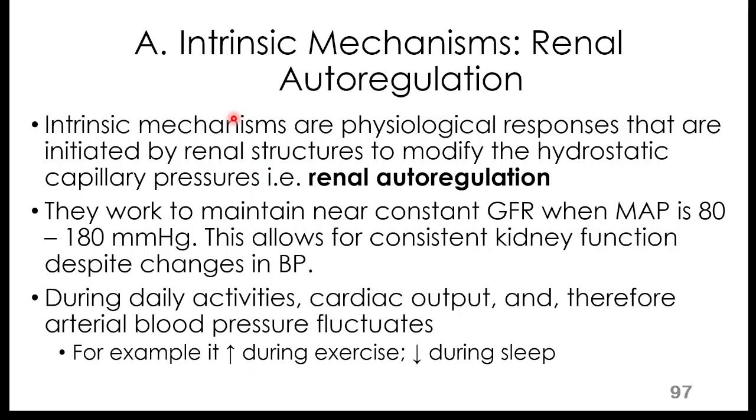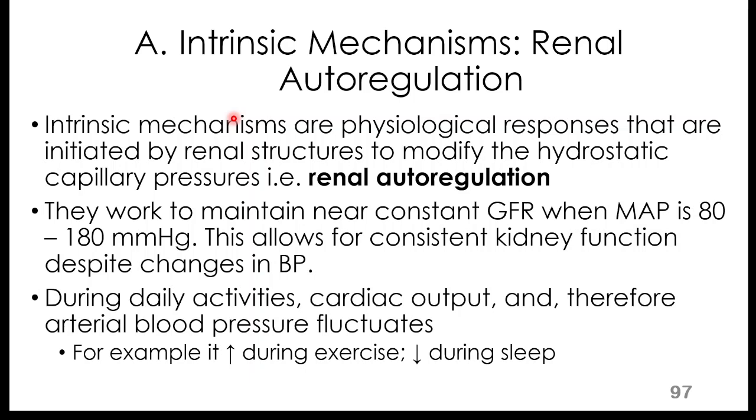Another thing we should note is that if blood pressure is too low, apart from leading to a failure of filtration, remember that the peritubular capillaries supply nutrients to the tubules.